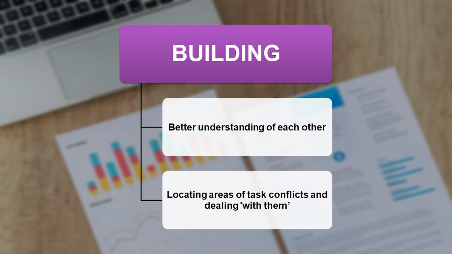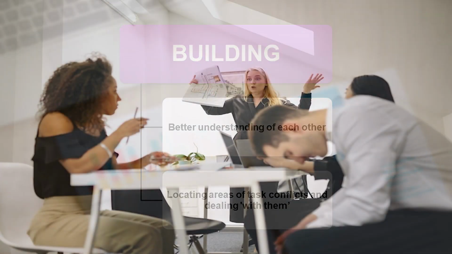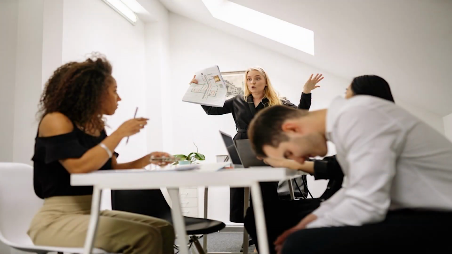If there is any conflict between the people while they are performing the task, that task conflict needs to be sorted out as well as dealt with so that it does not result in a deceitful environment for the employees. And it is necessary that the organization as well as the employee understand each other, then only they will become the strength of the company.